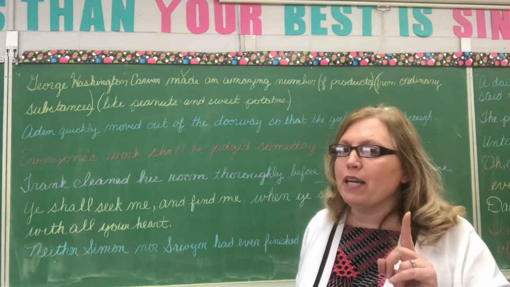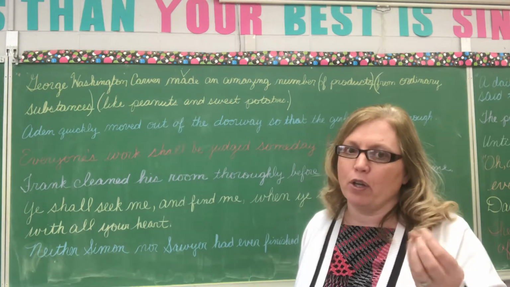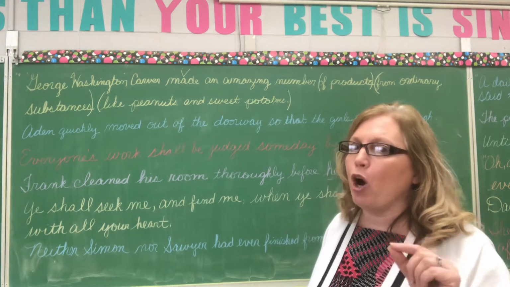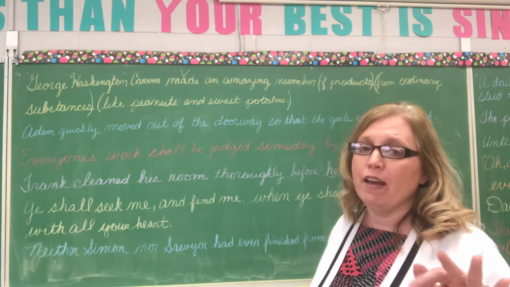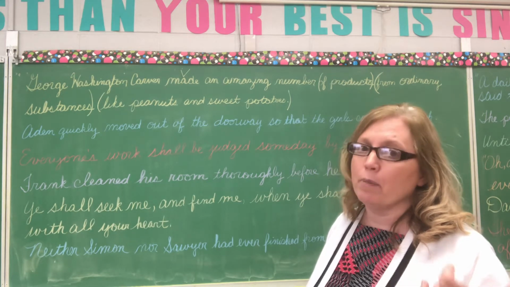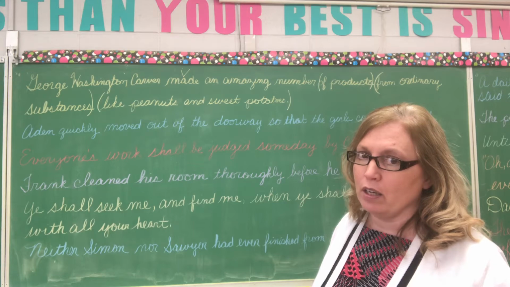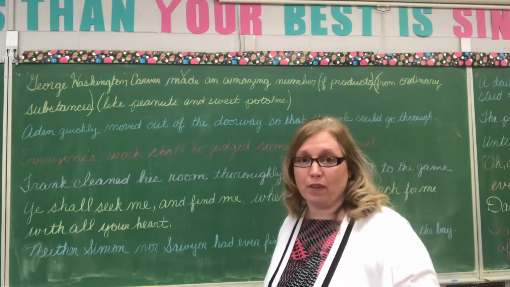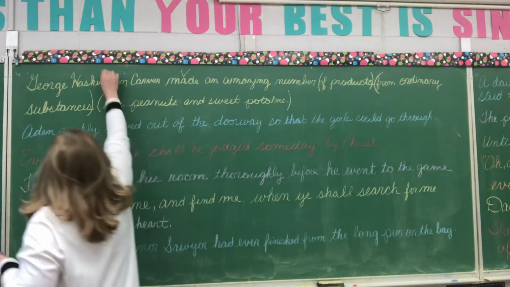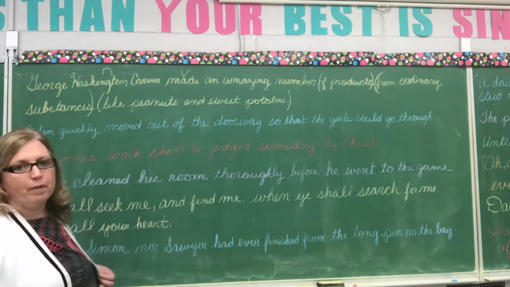A part of speech is a type of word. So what type of word, what part of speech is this? Is it a noun, pronoun, adjective, adverb, conjunction, preposition, interjection? George Washington Carver is a person, place, or thing, so it is a noun. So put your noun above it, okay?